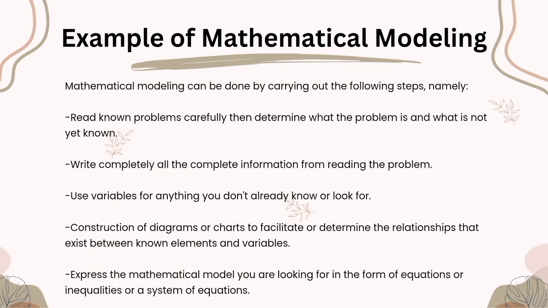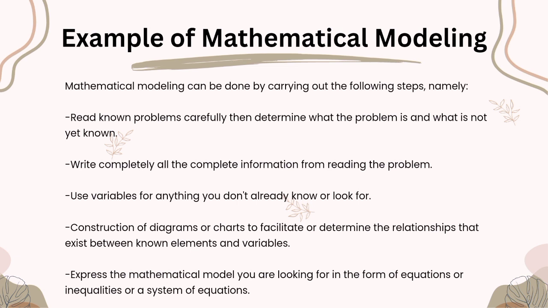Next is the steps of mathematical modeling. Mathematical modeling can be done by carrying out the following steps, namely, first, read known problems carefully, then determine what the problem is and what is not yet known. The second, write down all the complete information from reading the problem. Third, use variables for anything you don't already know or look for.